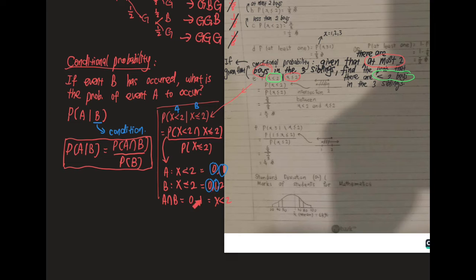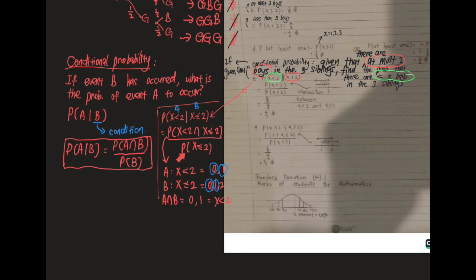The common values are 0 and 1, and 0 and 1 mean less than 2, no? So that's why the numerator has P(X less than 2) after they simplify. At the bottom, P(X less than or equal to 2) remains the same.